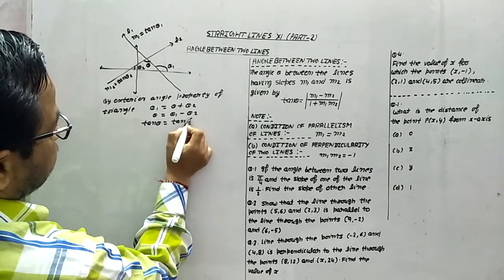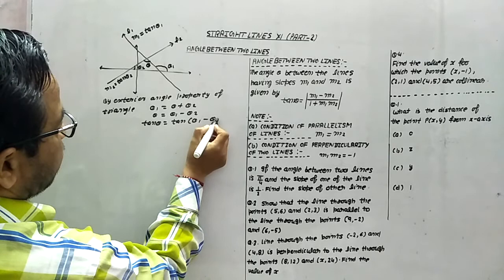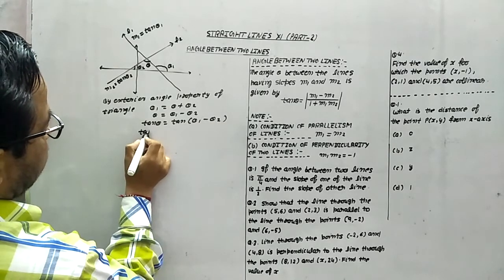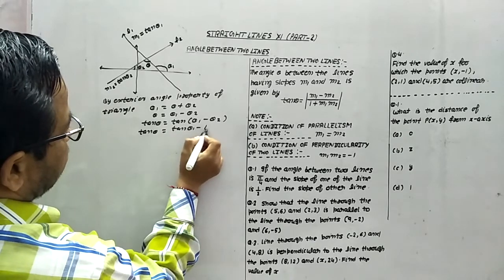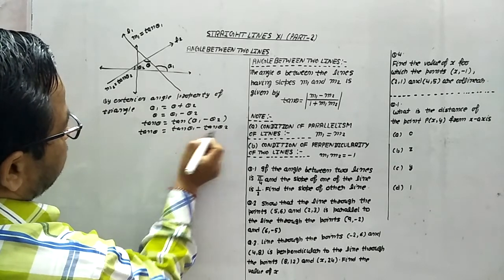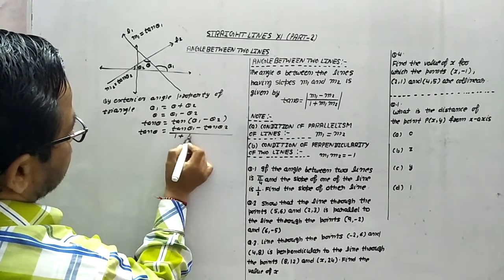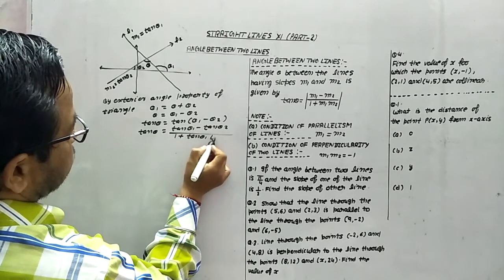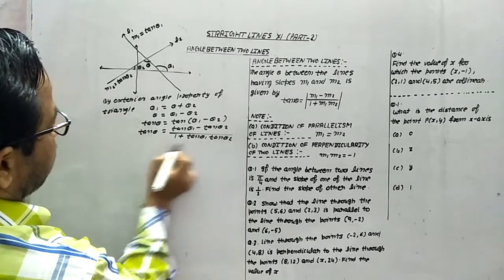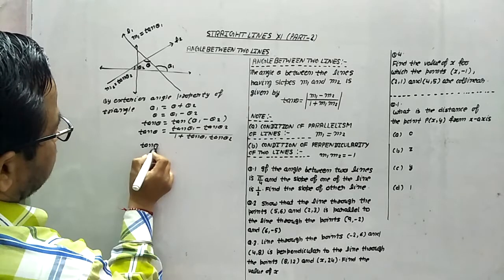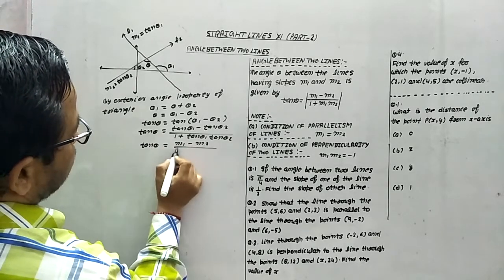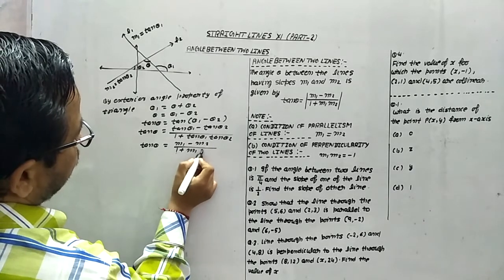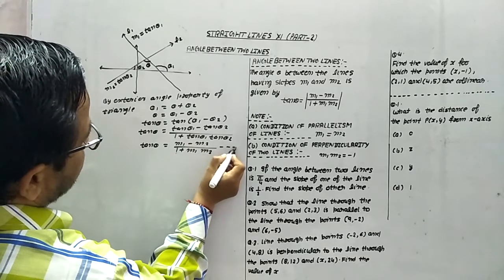It means tan theta is equal to tan of (theta1 minus theta2), which is (tan theta1 minus tan theta2) upon (1 plus tan theta1 tan theta2). Now we know very well tan theta1 is equal to m1. Therefore tan theta is equal to (m1 minus m2) upon (1 plus m1 m2). This is equation number 1.